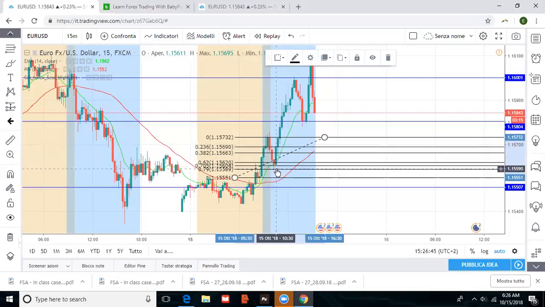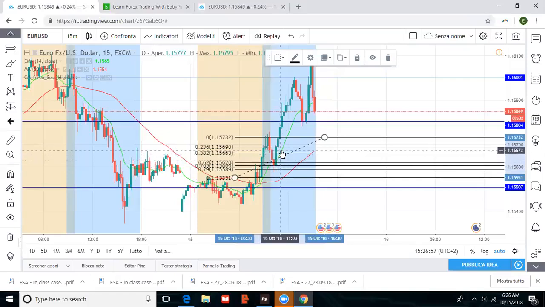So for example, here it touched the 79 level at 1558 right here. So at 1568 right here, we want to take profits and get out. What I recommend is that if you have 3 trades running, you close 2 out of the 3 trades at plus 10 pips.